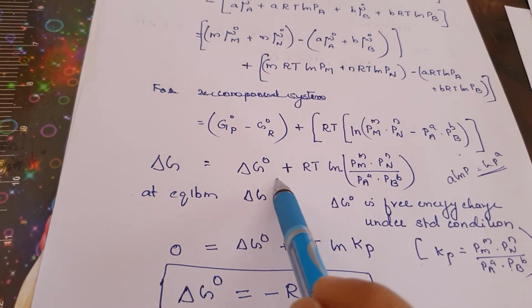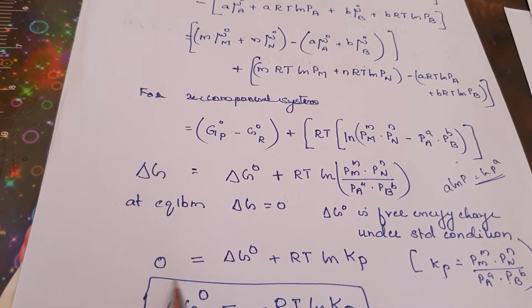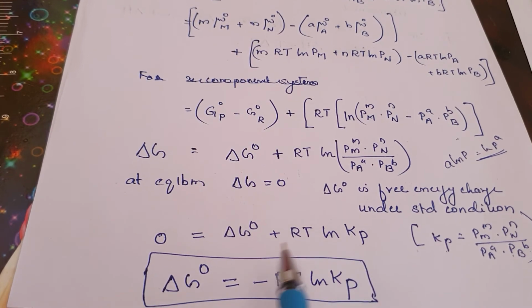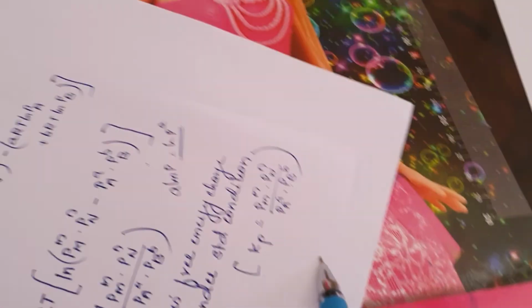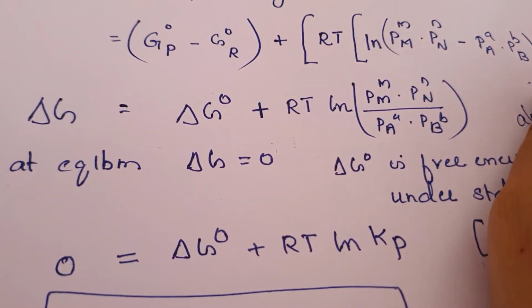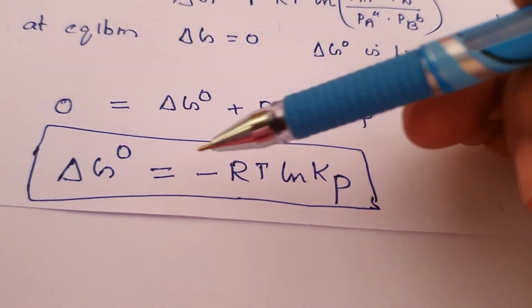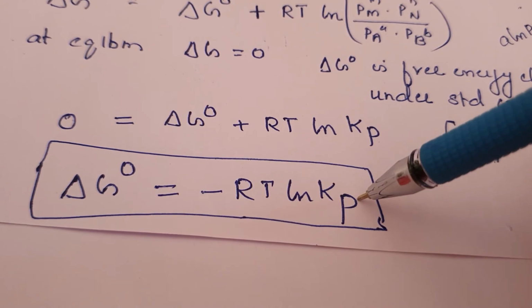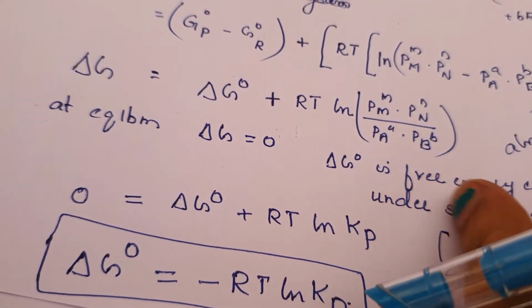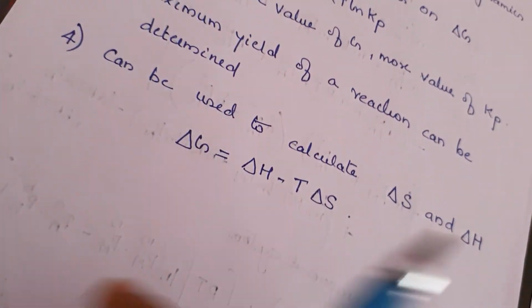And at equilibrium, delta G is equal to 0. So 0 is equal to delta G naught plus RT ln Kp, or delta G naught is equal to minus RT ln Kp. So that is the equation. This equation is known as Van 't Hoff's isotherm.